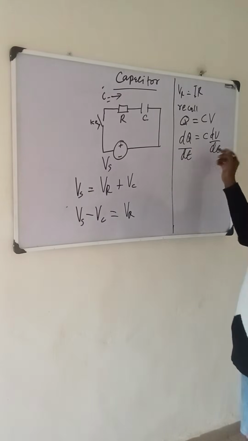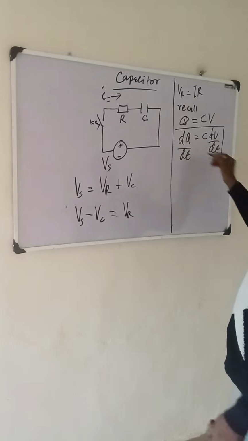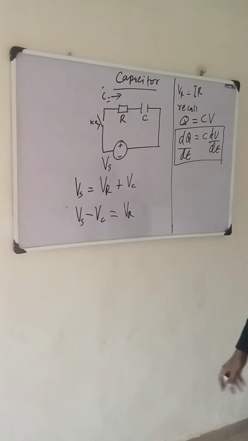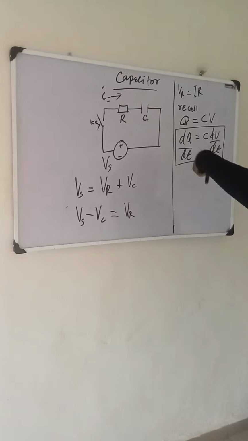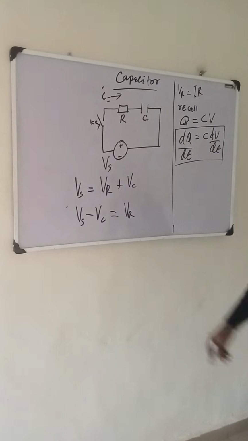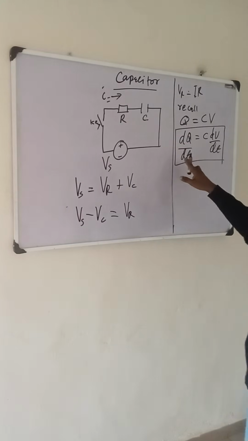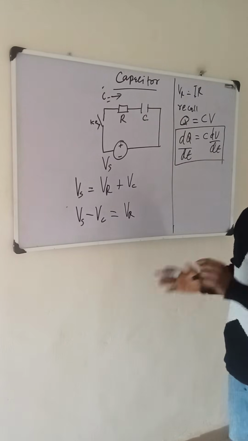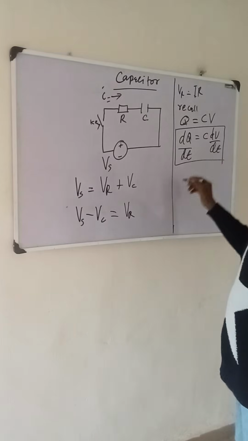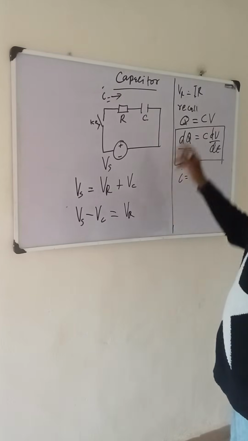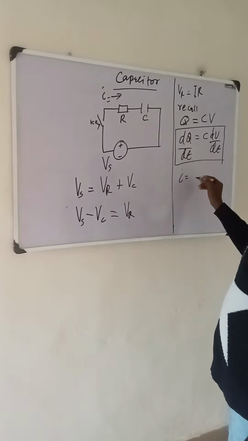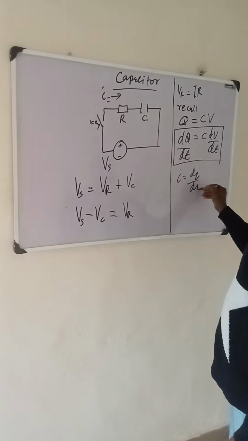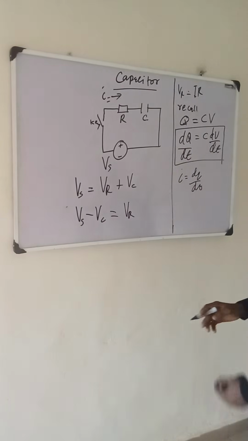If you agree with this, that when there is a change in the charge with respect to time, the voltage is also changing as well. And then you recall that I, from the general knowledge, is the rate of change of charge, that is dQ/dt.